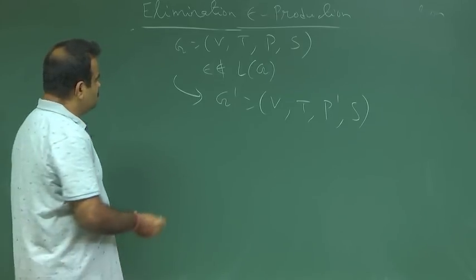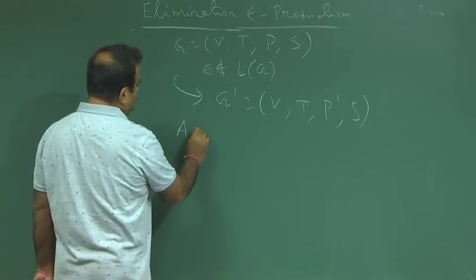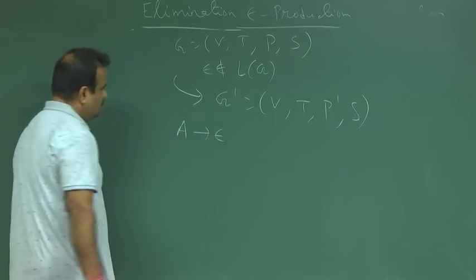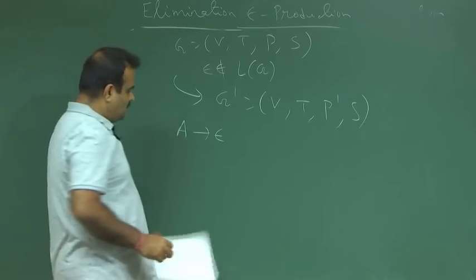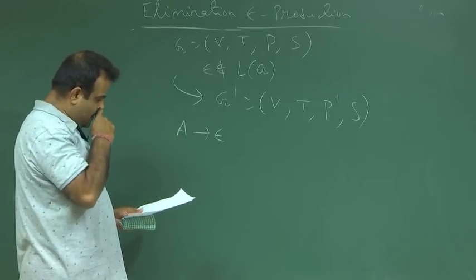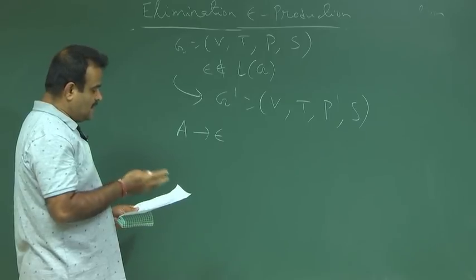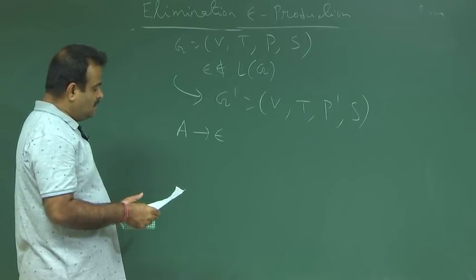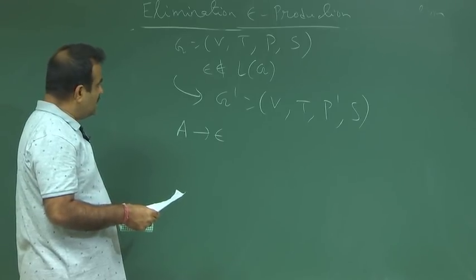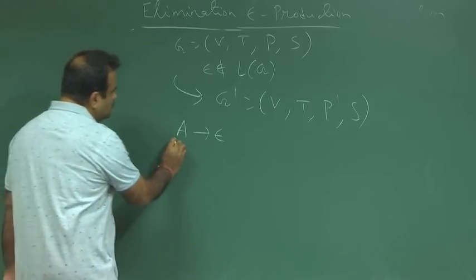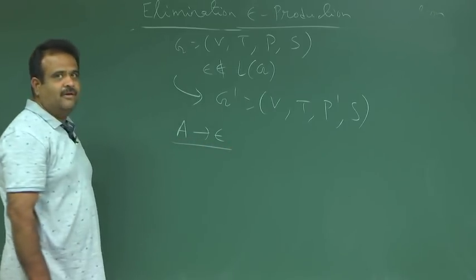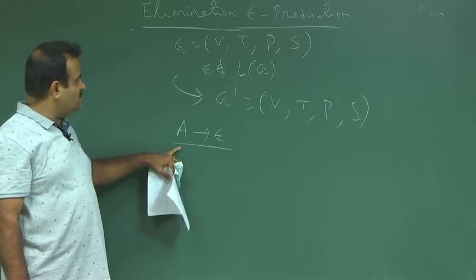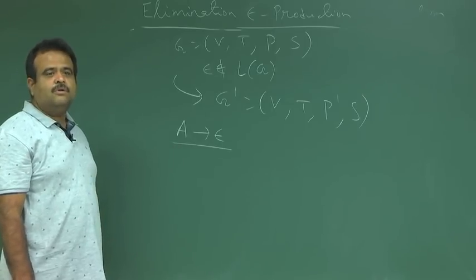Null variable means, suppose there is a rule A goes to epsilon, this A is called a null variable. That means we use this type of production to erase A. Suppose we want to erase A, so we use this type of production. Now, we do not need this.